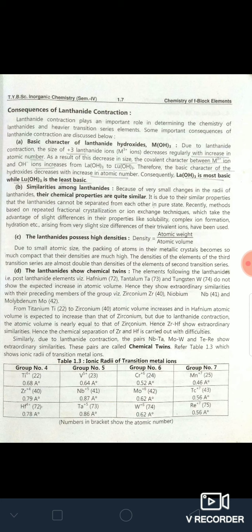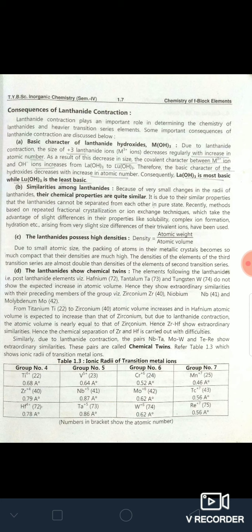From titanium to zirconium, atomic volume increases, and in hafnium, atomic volume is expected to increase over that of zirconium. But due to lanthanide contraction, the atomic volume is nearly equal to that of zirconium. Hence, zirconium and hafnium show extraordinary similarities.